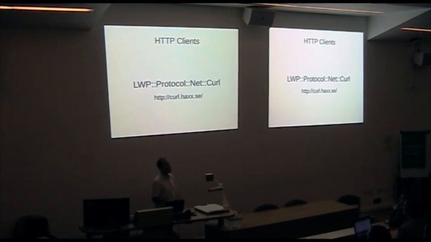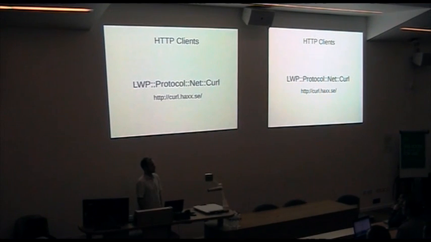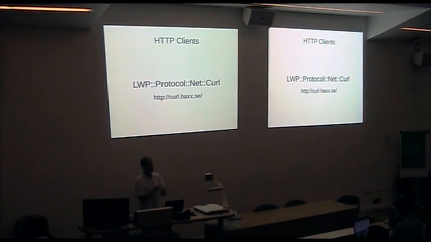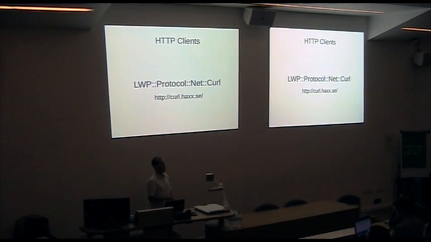As I mentioned, LWP is the most popular implementation, so it's the interface that people typically use. However, because LWP is implemented in Perl, it's been around for a long time. It has some quirks, a few bugs. LWP protocol net curl is an interesting thing, because what it does is it provides the same interface as LWP, but rather than using LWP's library code, it uses the C curl library.